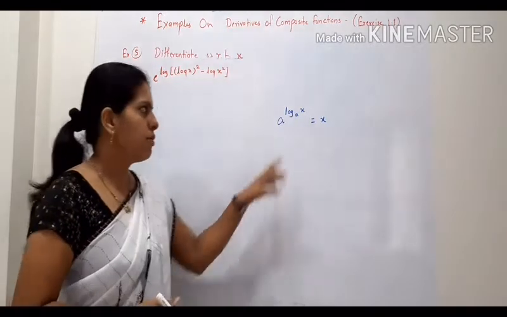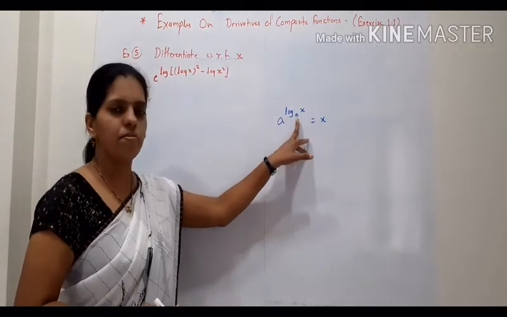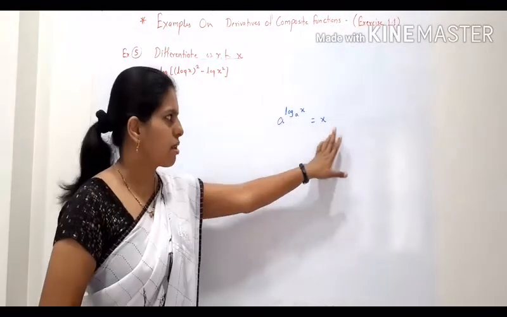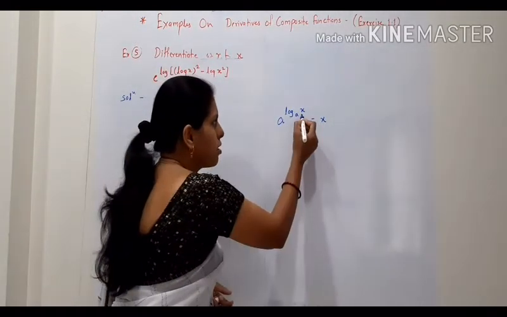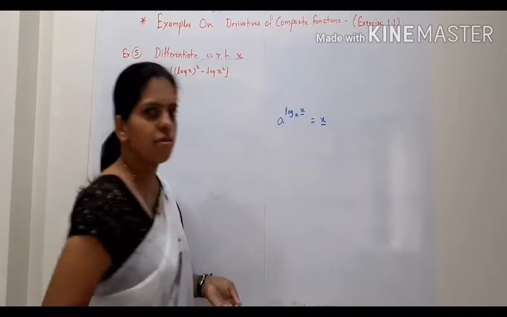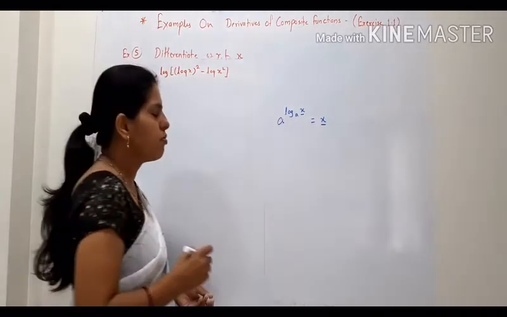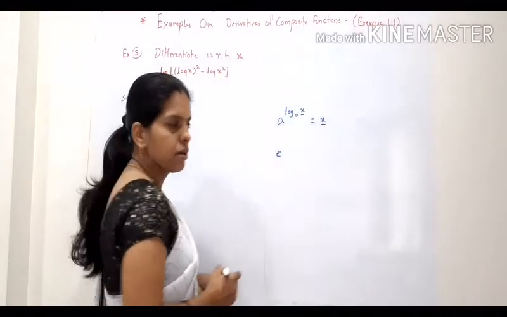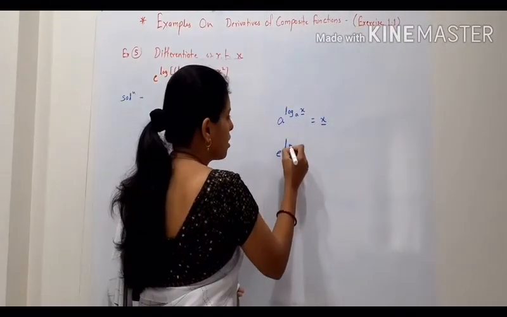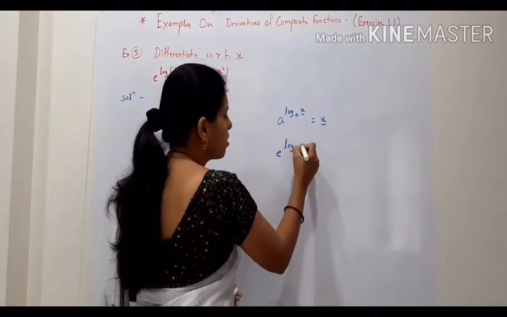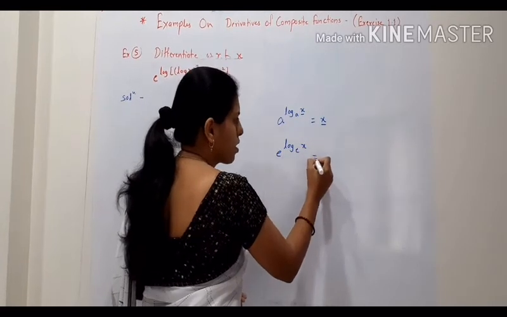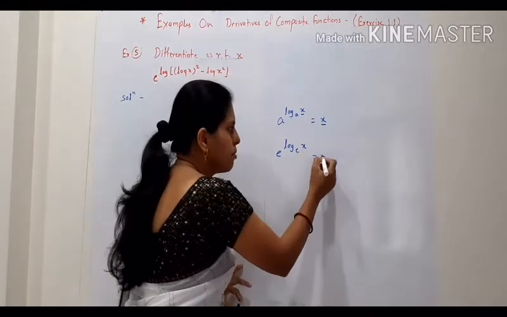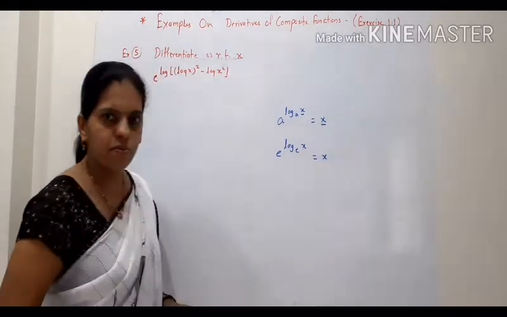Means whenever these two bases are the same, this log and this base get cancelled and then only x remains. So if we choose here the base e instead of a, then it is e raised to log to the base e of x. So by this formula we get simply x.